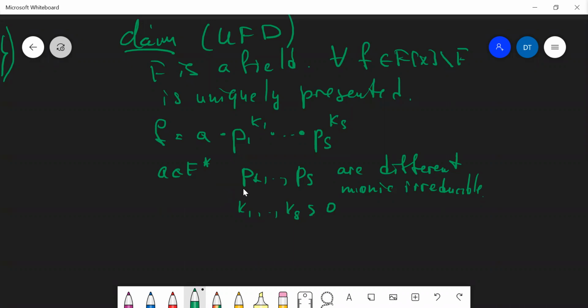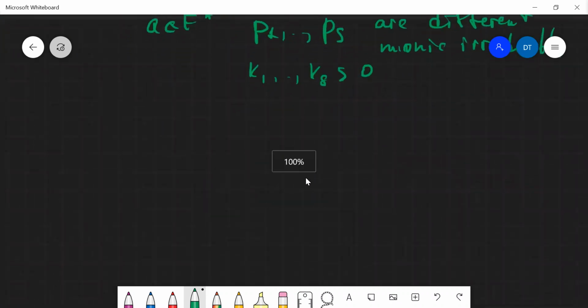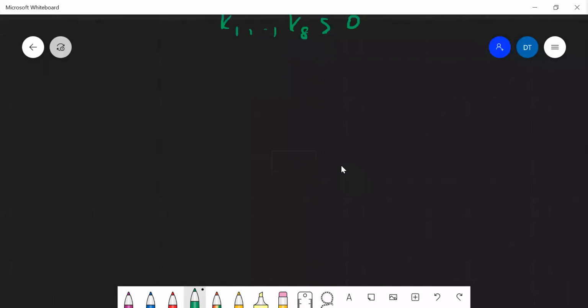So this is property number 3 from one of the claims above. I don't want to repeat this claim, but I just want to show you one specific situation demonstrating the idea appearing during the proof of the previous claim.